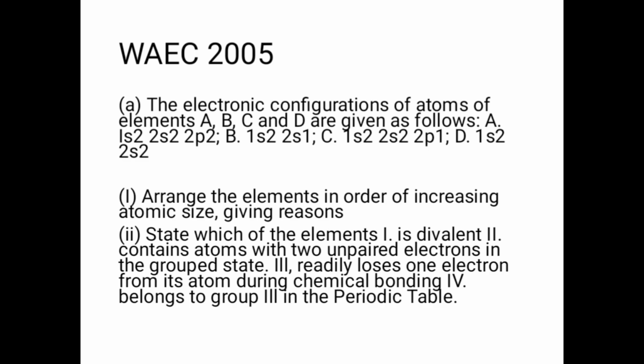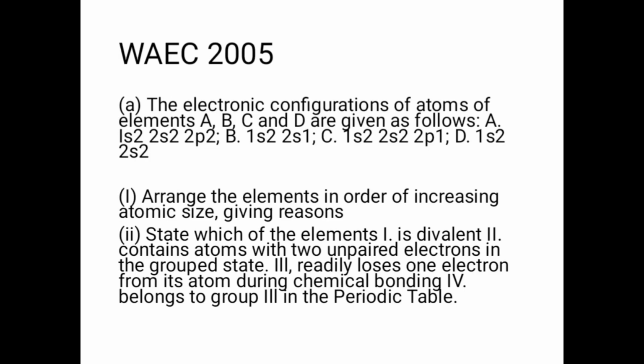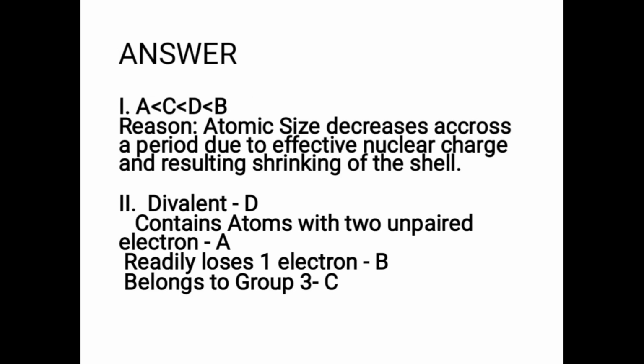So if they now ask you to arrange in terms of increasing atomic size, for instance, the one that has the largest atomic size is the B, which is lithium. Why?